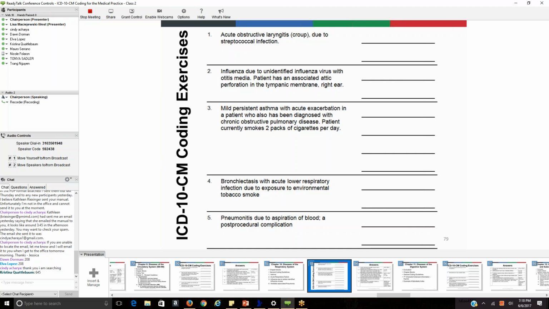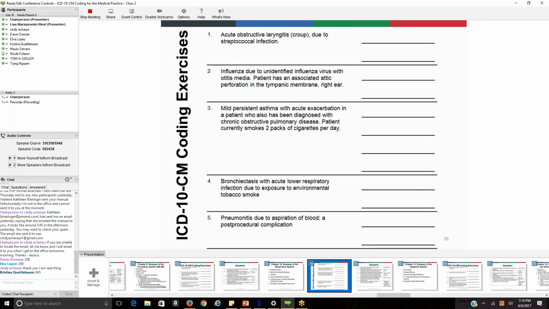Okay, so we have Streptococcus group A, Streptococcus group B. We don't have anything in the op note that indicates whether it's group A or group B. We don't have anything in the op note that indicates Streptococcus pneumonia.